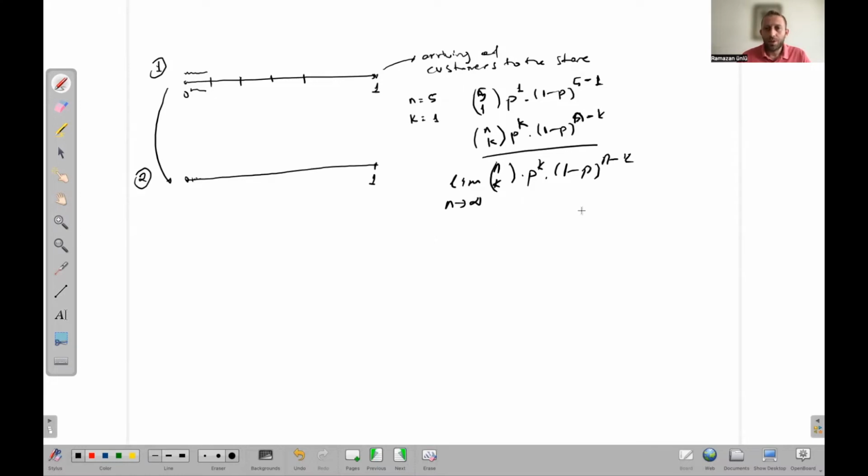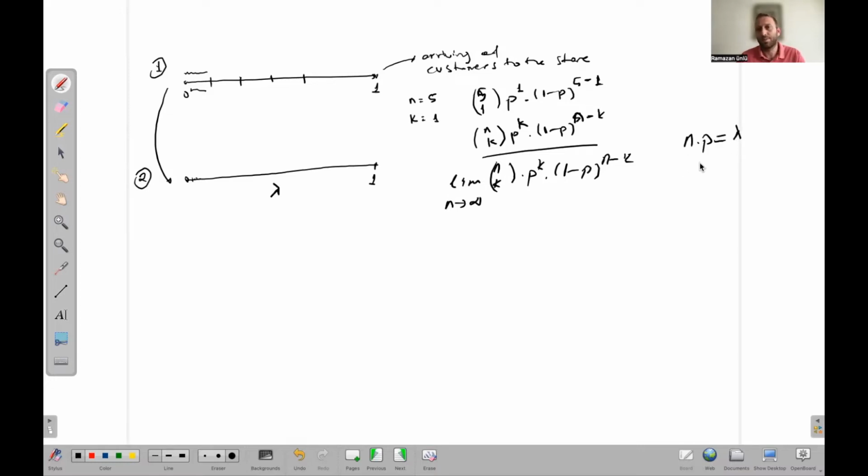Well, let's do some magic here. What is the expectation of the binomial distribution? Remember that it was n times p. In the continuous case, we are given that the average number of customers arriving to the store is lambda. So n times p, which corresponds to the expectation, in other words the average number of successes in that time interval, is equal to lambda, because that corresponds to the average arrival.